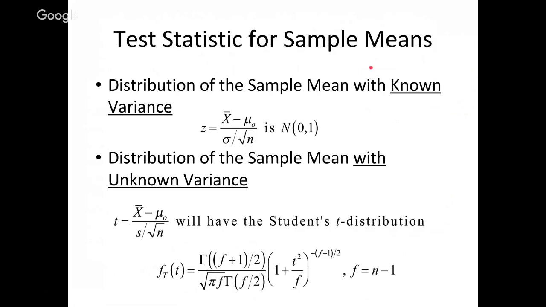You may remember this is what we had for the known population variance. It's just the standard variate, which is distributed according to the standard normal. And in the case of an unknown variance, we have the t statistic, which is distributed according to the Student's t distribution.